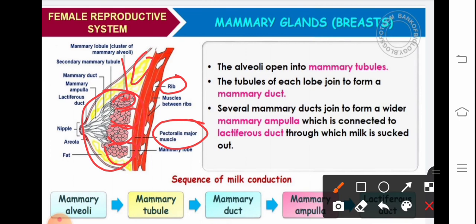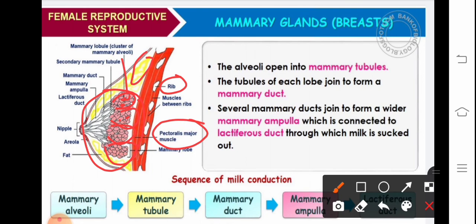Here you can see inside the mammary lobes or lobules, clusters of cells called alveoli. So in the alveoli, milk will be secreted, right?